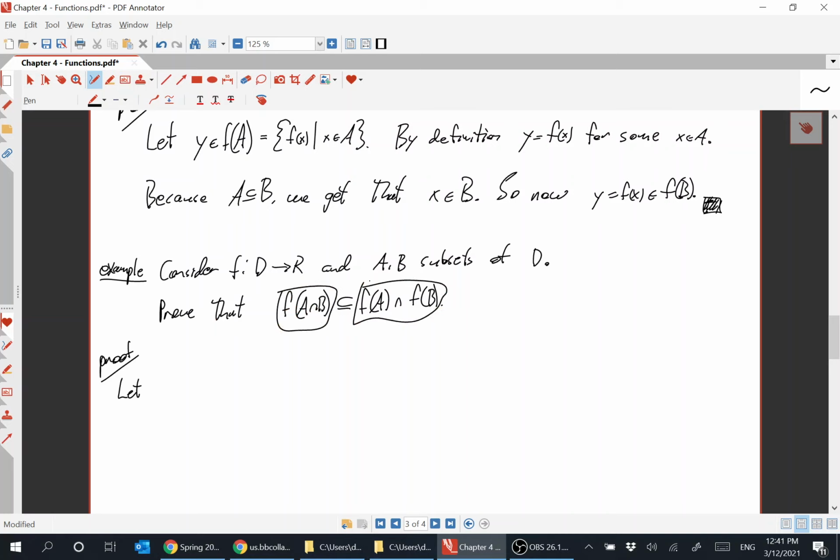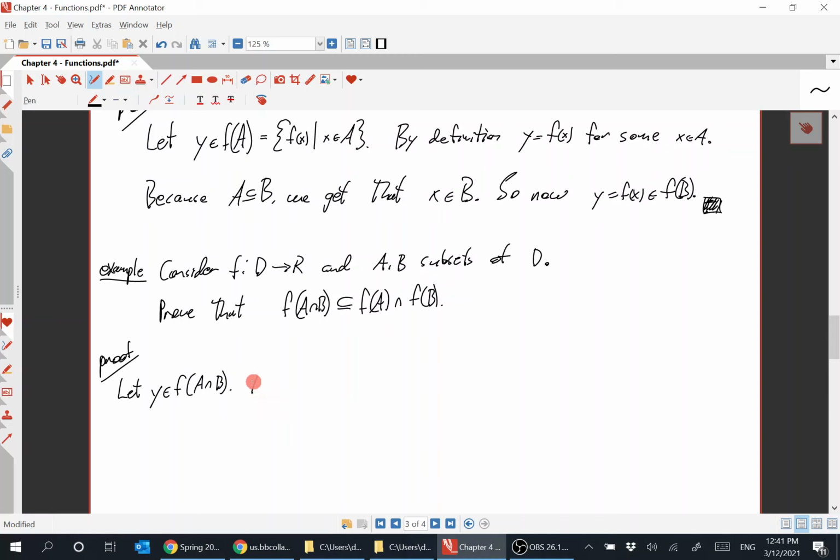So a subset type proof always starts out how? Let x be an element of f of A intersection B. So actually I'm going to use a y here. Let y be an element of f of A intersection B, but x would be fine.